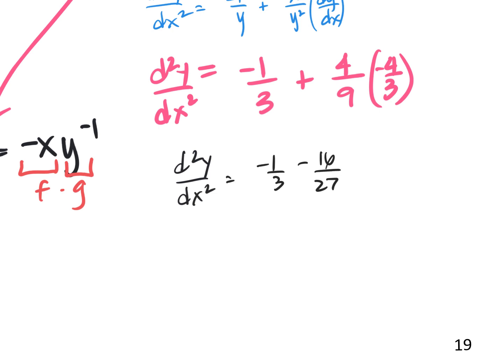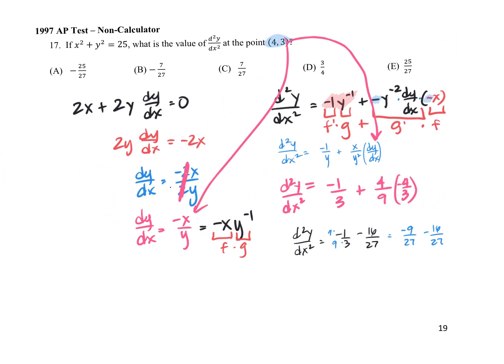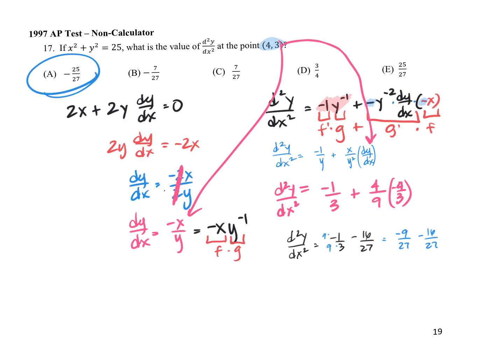Minus 16/27. What do we need to get common denominators? Just multiply by 9, on the top and the bottom. Negative 9/27 minus 16/27 is negative 25/27. Look, that was way easier than whatever this looks like.